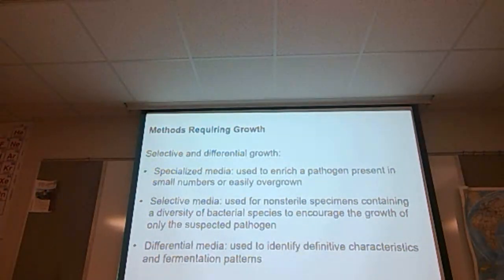fecal coliforms. Now, we've talked about fecal coliforms throughout the semester, and please remember that while E. coli is a fecal coliform, all fecal coliforms are not E. coli. And this media, any of the fecal coliform bacteria will grow on EMB media, and it will show a very distinct color pattern.